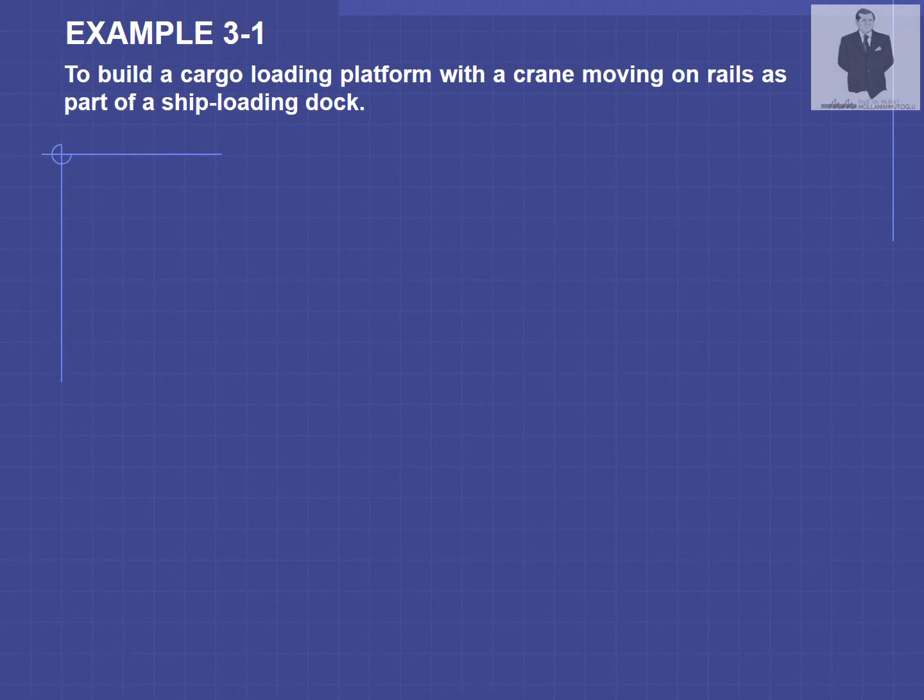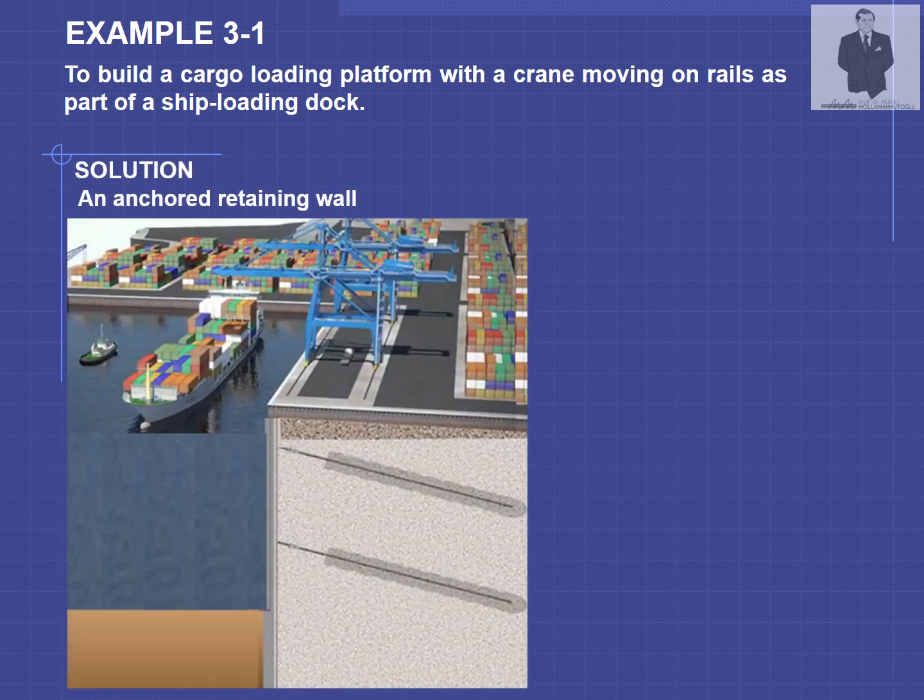This example and the following one are for the third category, that is to say, designing structures to retain soil. In this project, the aim was to build a cargo loading platform with a crane moving on rails as part of a ship loading dock. Now, the solution was an anchored retaining structure.